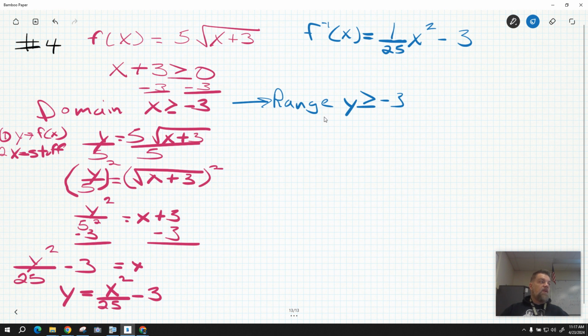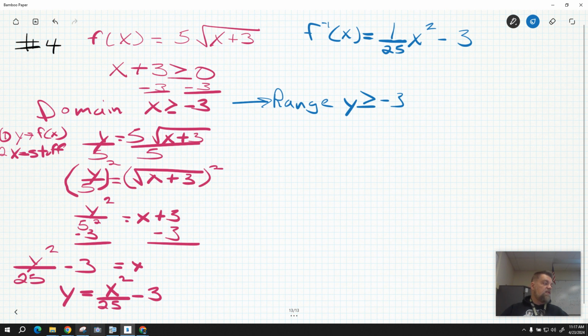And we said that the range has to be greater than, so the first question is, is this a function? Is f inverse a function? Well, we could graph it, right? We can graph it and see if it's a function.